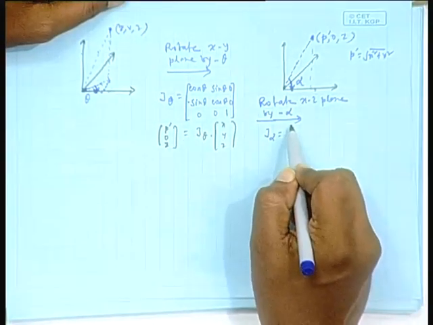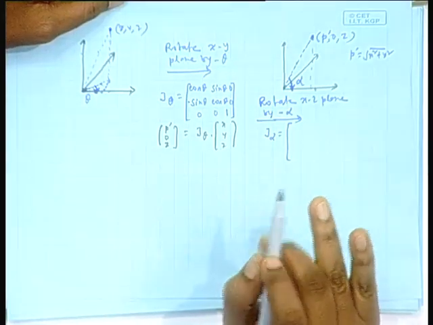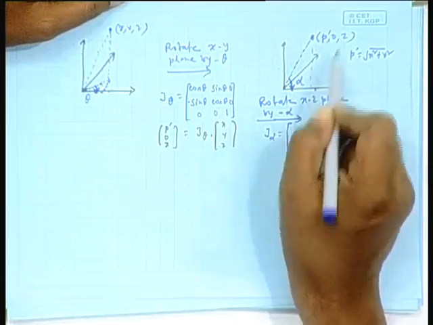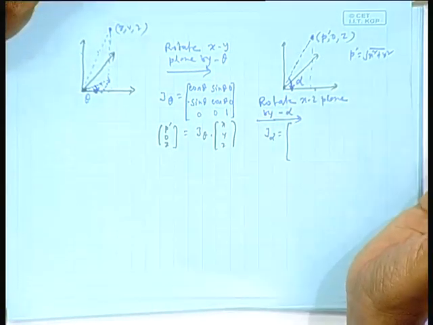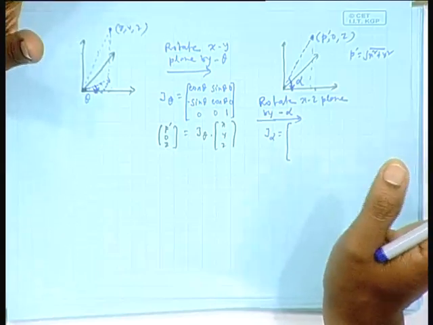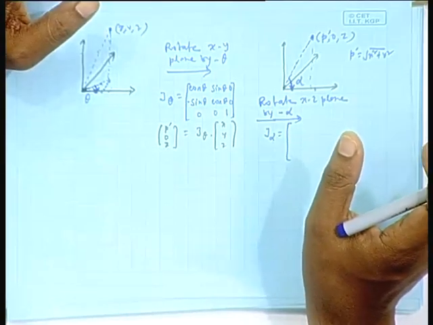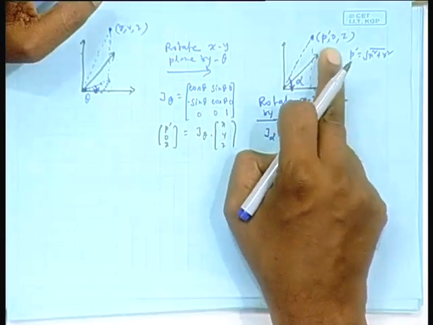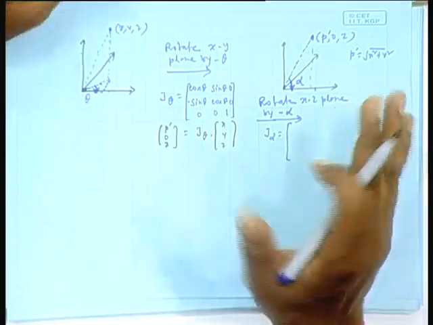Now, J alpha will be what? Y will be intact given any vector. Here it so happens this vector is lying in the x z plane, so y is already annihilated, but for any other vector also I will not touch its y component. I am going to rotate only the x z plane. So, given any arbitrary vector, not even the special vector where it is annihilated, its y component will be untouched, only the x z plane will be rotated.